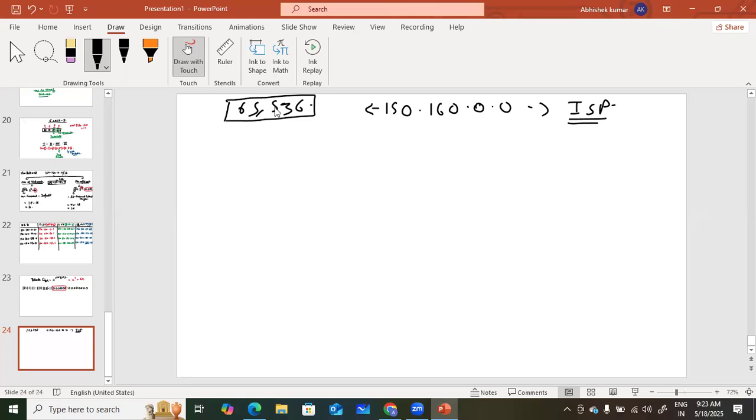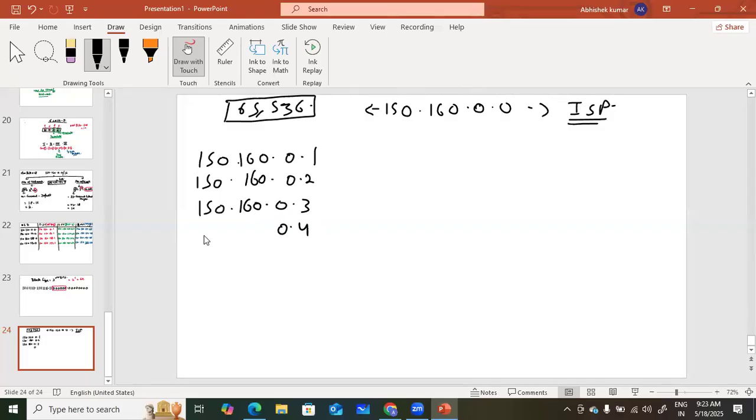So can I say my first IP would be 150.160.0.1, my second IP would be 150.160.0.2, my third 0.3, then 0.4. Like this, I will reach 150.160.0.255. Is this clear?